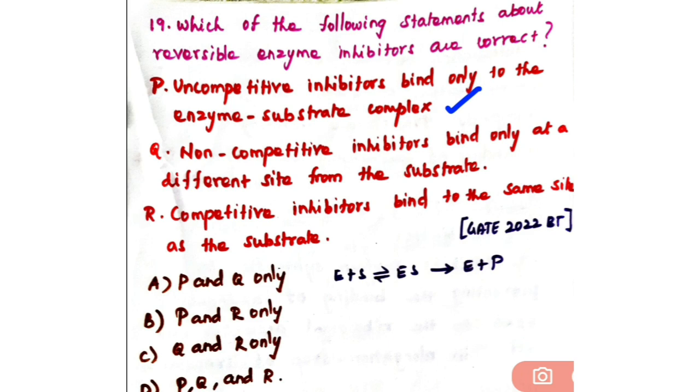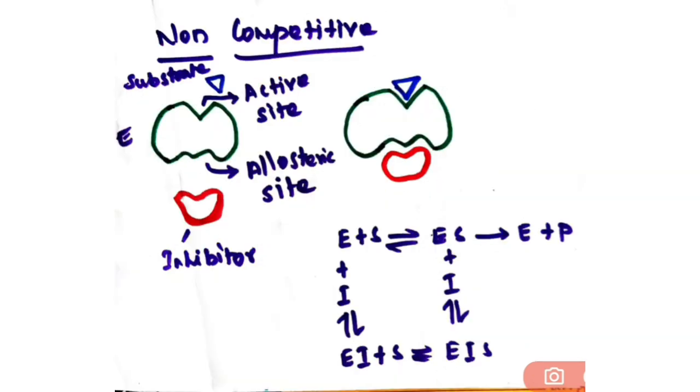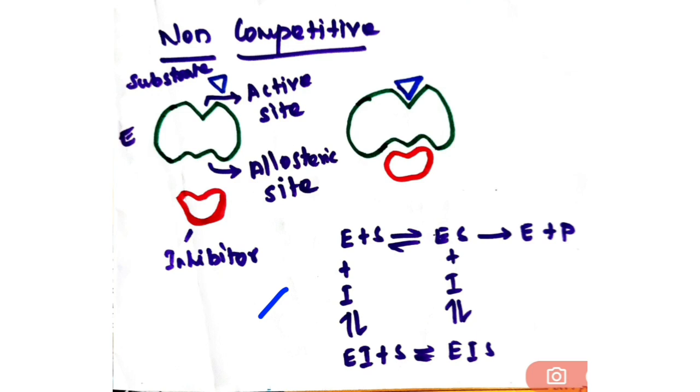Then the second statement is, non-competitive inhibitors bind only at a different site from the substrate. In non-competitive inhibition, the inhibitor won't compete with the substrate. Substrate will go and bind with the active site and your inhibitor will go and bind with the allosteric site. This is your general reaction for non-competitive inhibition.